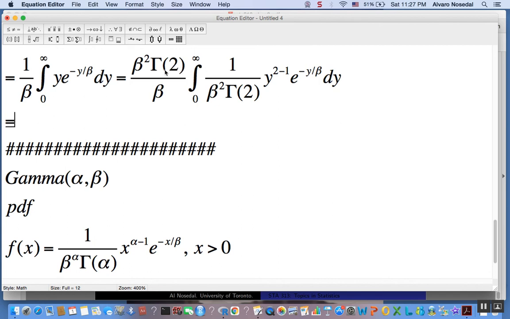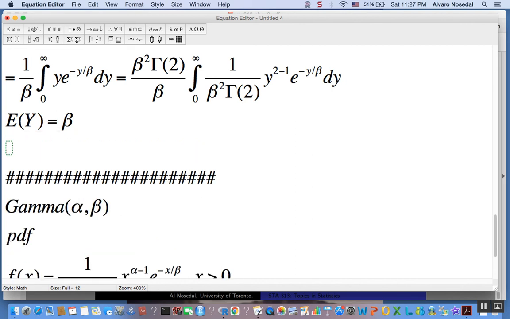In this particular case, the gamma function evaluated at 2 is just 1 factorial, which is just 1. So what we have shown is that the expected value of an exponential is just beta. Okay, so we are done.